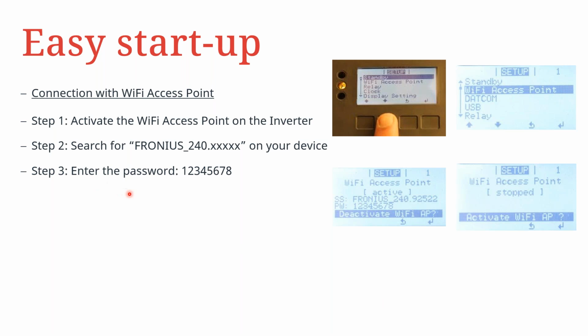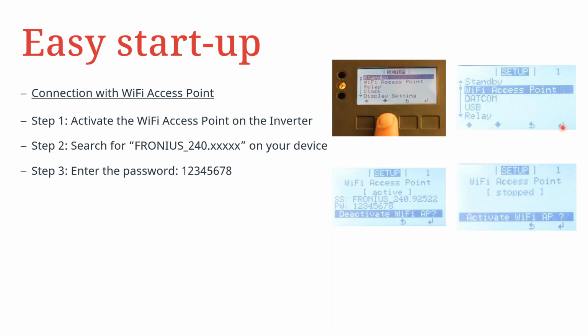So for easy startup, in the commissioning process, first off is to open the Wi-Fi access point. Once you open the Wi-Fi access point, you make the inverter ready to communicate. Once you go to the display of any Fronius inverter, please access the setup menu. Then scroll down to the Wi-Fi access point, as you can see in this case.